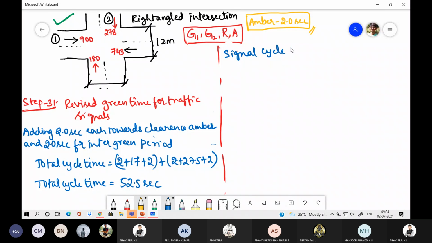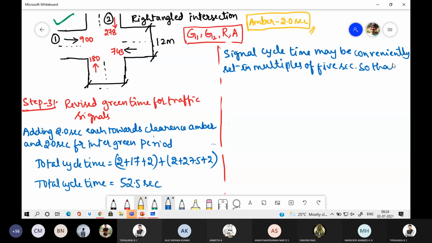Signal cycle time may be conveniently set in multiples of 5 seconds so that the total cycle time is equal to 55 seconds.